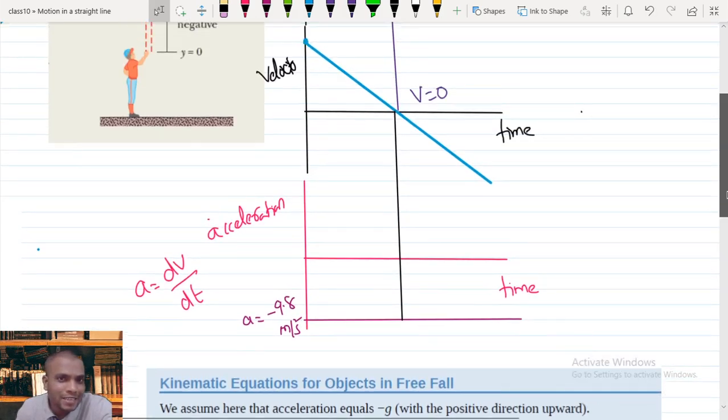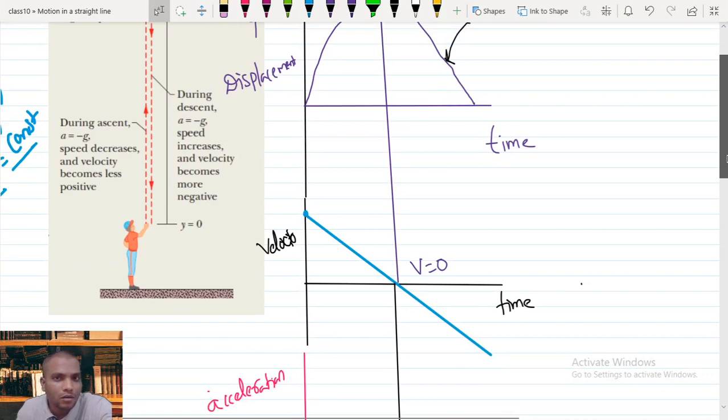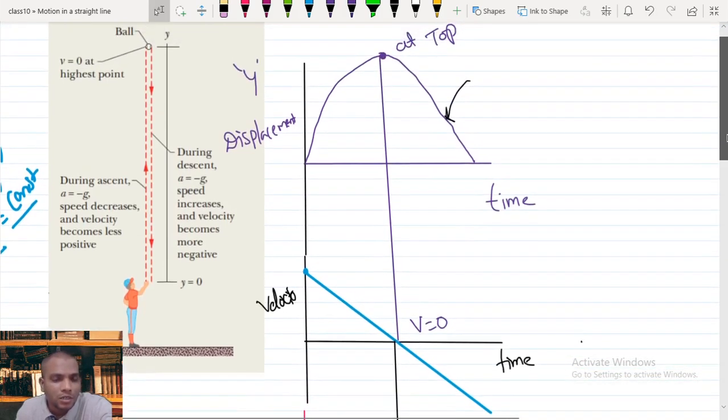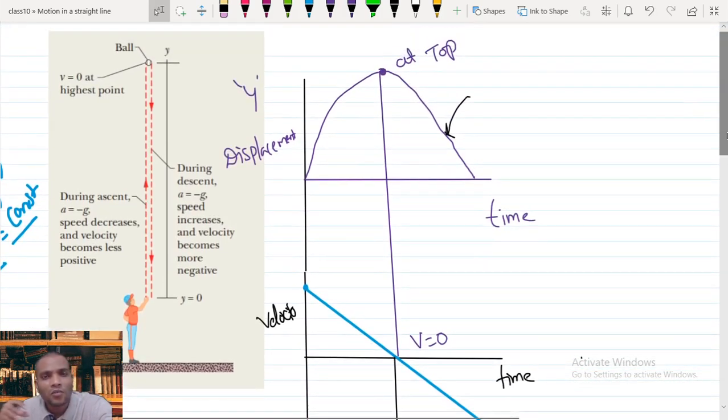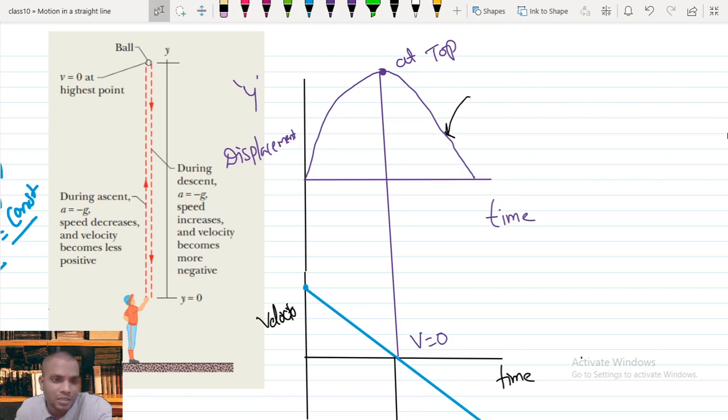Free fall means not only falling; it means the one and only gravity force acts on an object. So during free fall, the acceleration of gravity is always negative, whether during ascent or during descent.